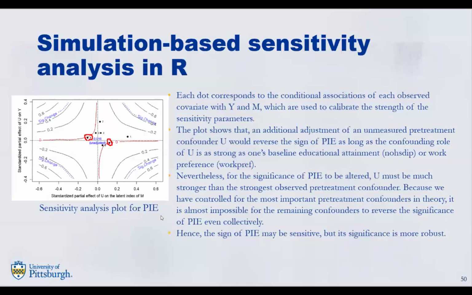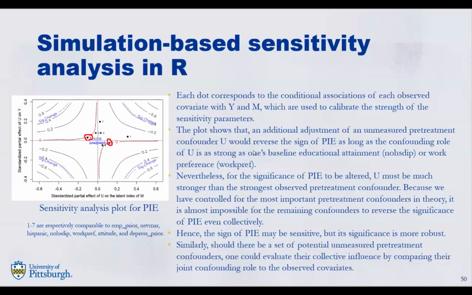Therefore, the sign of PIE may be sensitive. If we can find an unmeasured confounder that is comparable to those observed covariates, then the sign can be easily reversed, but the significance is more robust. Similarly, should there be a set of potential unmeasured predetermined confounders, one could evaluate their collective influence by comparing their joint confounding role to the observed covariates.